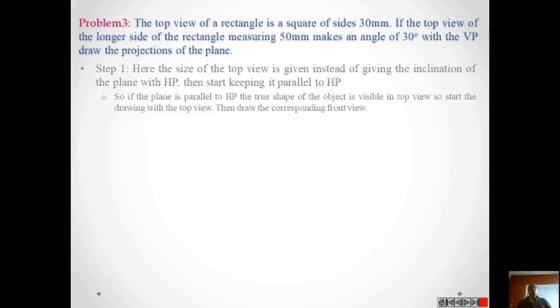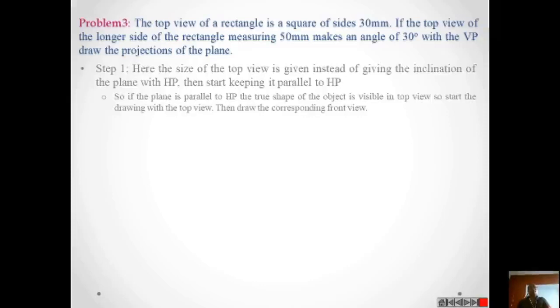Now imagine, if we keep it inclined to VP, in the front view you will see the reduced shape, and if you keep it inclined to HP, then in the top view you will see the reduced shape.